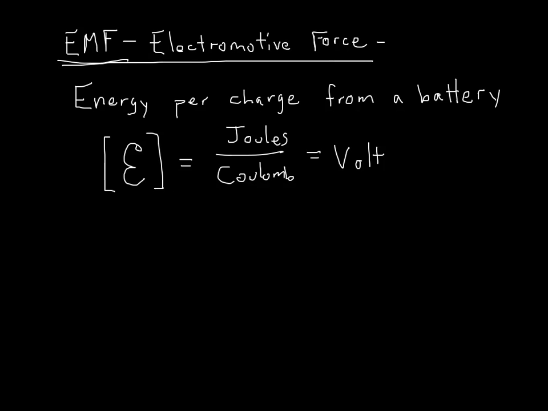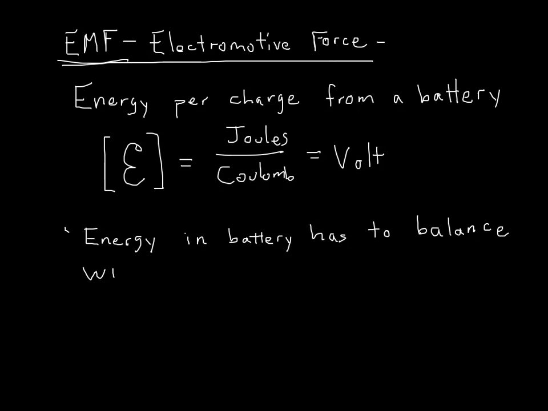And when we're talking about the EMF inside of a battery, we need to remember that the energy gained inside of a battery, the energy that the battery uses, has to balance with the energy that you expel through a wire. Because that's really the purpose of hooking something up to a battery. You want to make that energy flow through the wire.